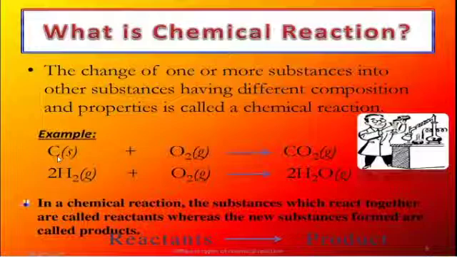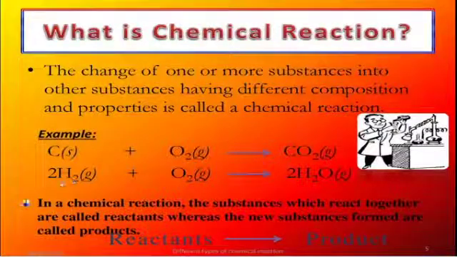Example: this is carbon, in solid form. Oxygen is in gaseous state, to form carbon dioxide, which is gaseous. A second example: hydrogen, gaseous state, and oxygen, also gas, to form 2H2O, that is liquid water.